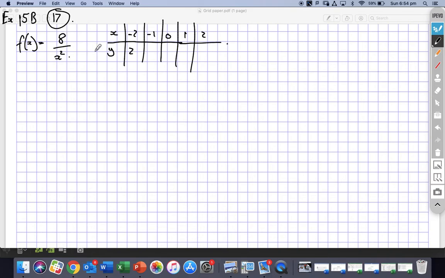If x equals -1, 8 on 1 is 8. If x equals 0, we're undefined, so we cannot have that. And look, my pen is quite difficult to use, so this is going to be a very rough sketch. You can probably do a better one in your book.